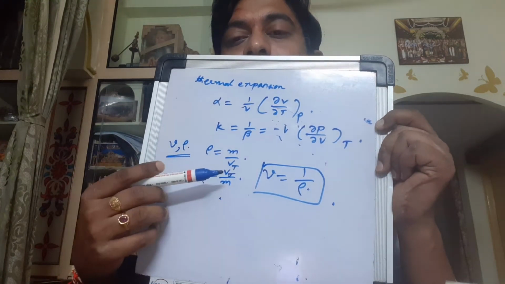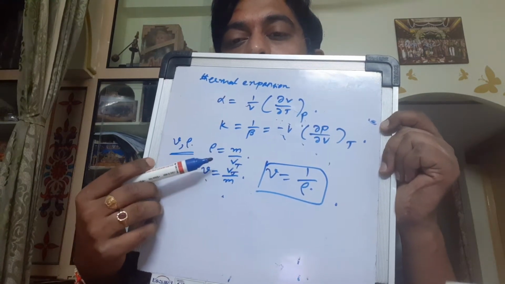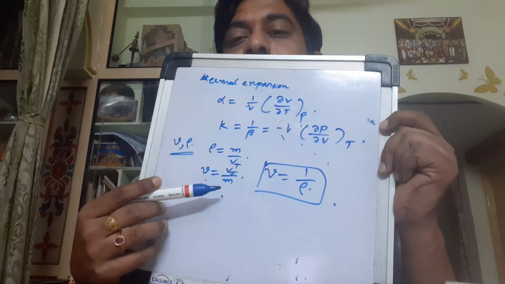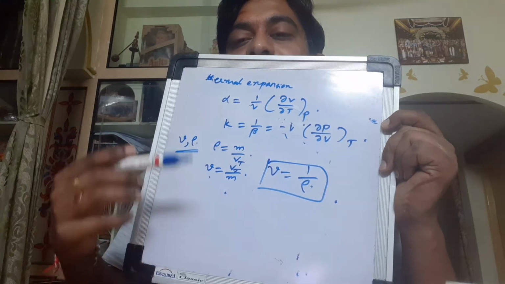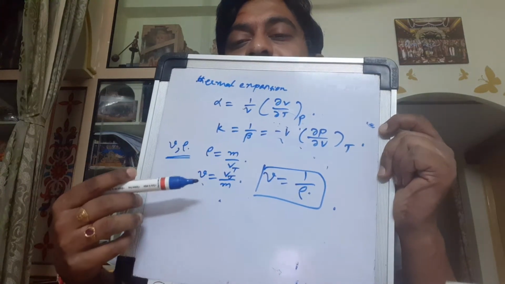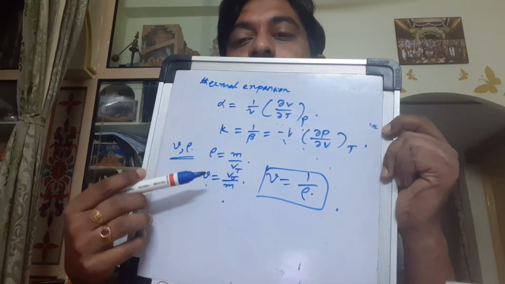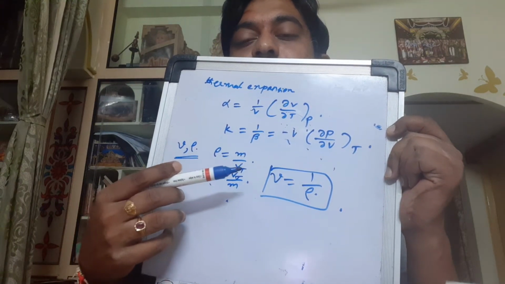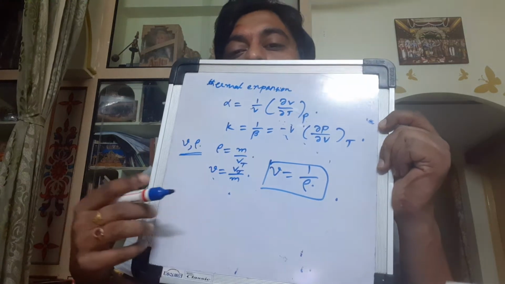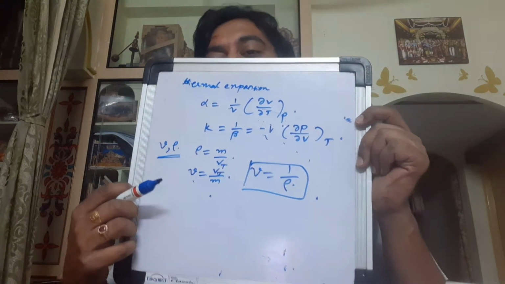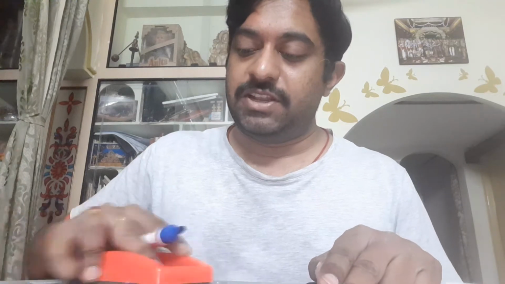Specific volume you might or might not know, but specific volume is total volume by mass. When you take volume by mass, that is called specific volume. When you take mass by volume, that is called density. So the reciprocal of density is specific volume. Generally it is written as small v.